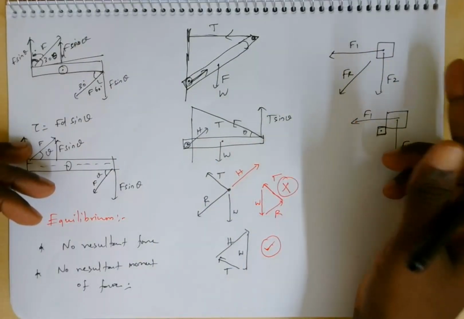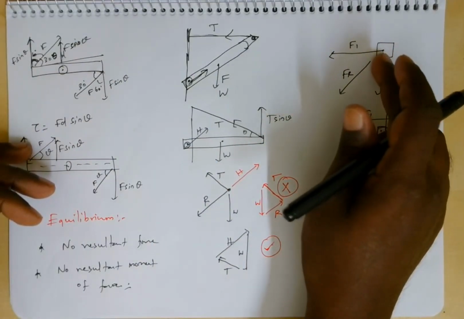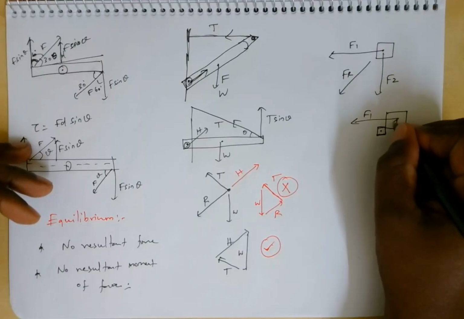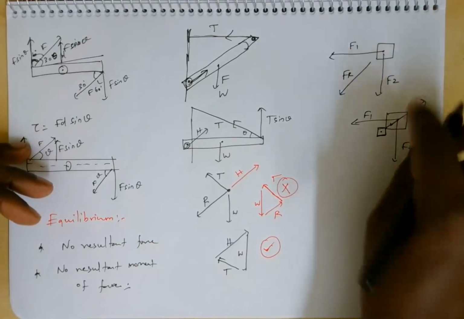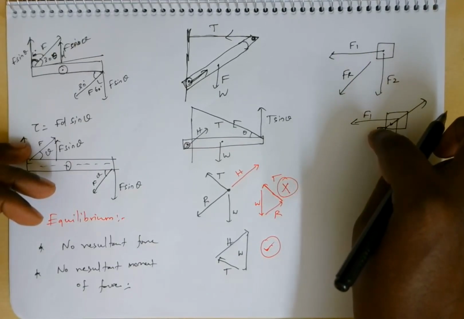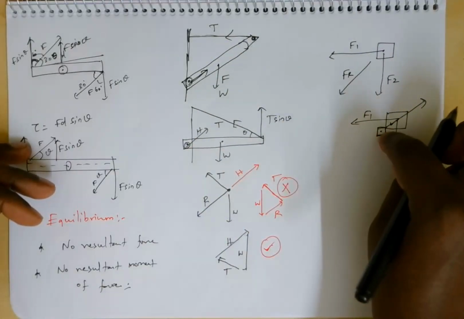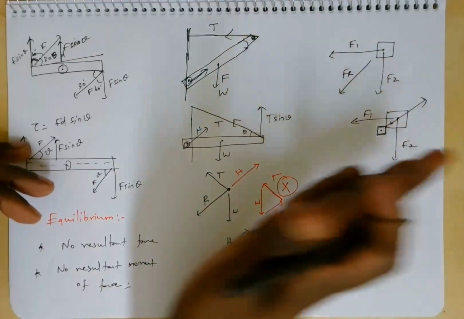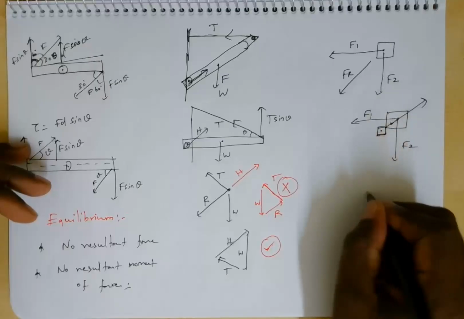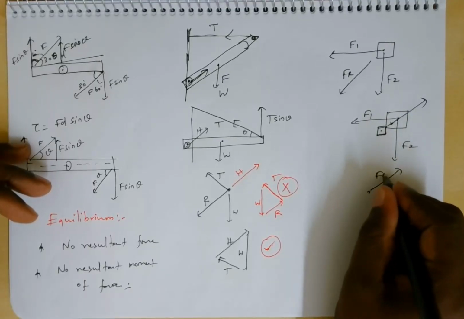In the first case, the resultant force is not blocked. In the second case, the resultant force is counter-blocked by the force from the hinge. So here it acts as a counteract for the resultant force. So now you have to draw the diagram like this. So, resultant.